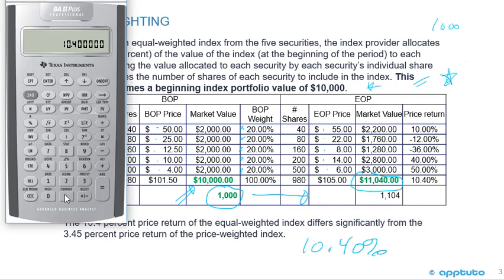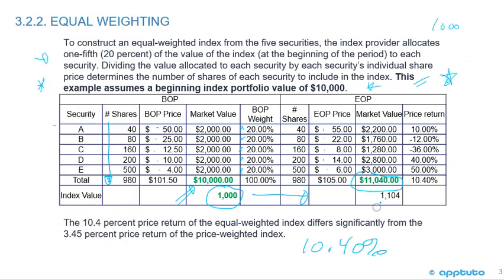So to get our ending index value, we can do 1,000 times 1.104, and we're going to get our ending index value of 1,104.